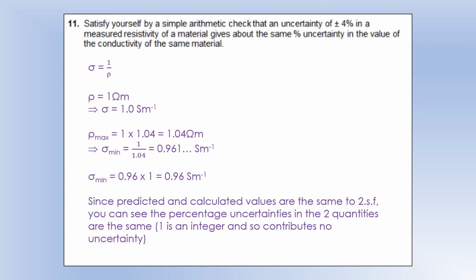So to two significant figures anyway, we get exactly the same value. So that's why we conclude a 4% percentage uncertainty in resistivity gives you 4% percentage uncertainty in conductivity. And the kind of logic going on there is the 1 doesn't actually contribute any uncertainty. It's an integer, so it has 0 uncertainty. So we would expect the same percentage uncertainty.